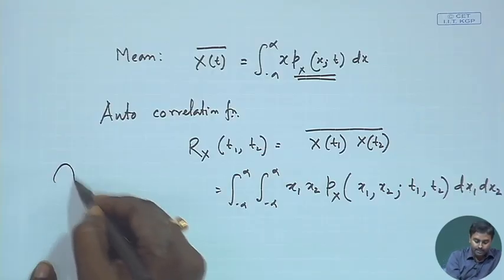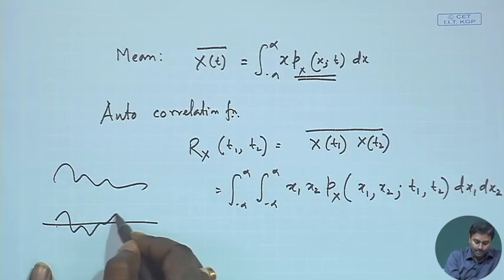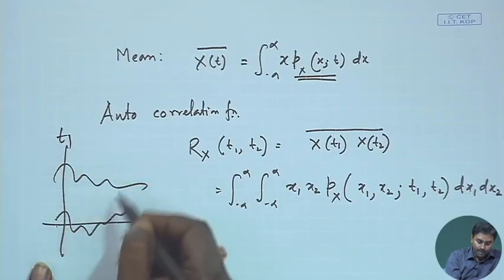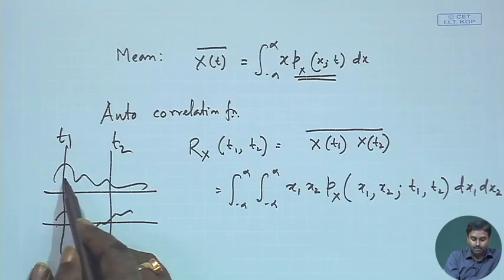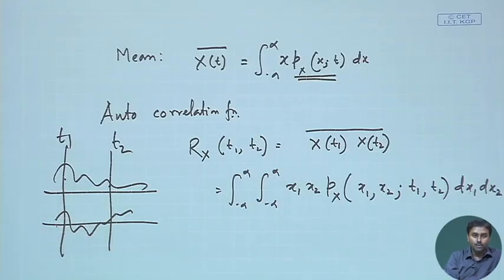So, basically I take an infinite number of sample signals at T1, at T2, I get the multiplication of these 2, okay, and get the joint PDF of them, and then evaluate the overall average value. Okay. So, which is the autocorrelation function.